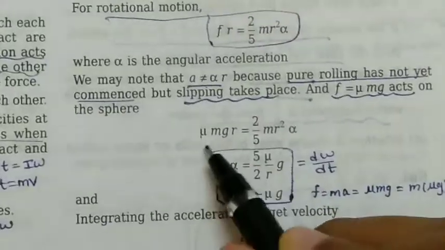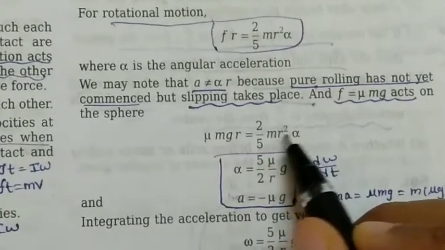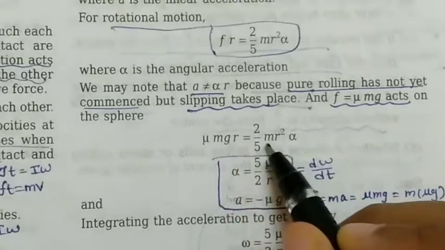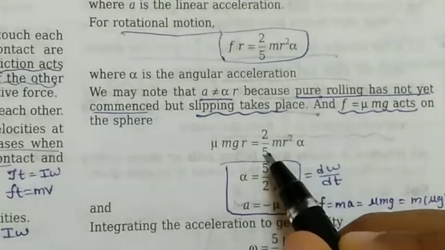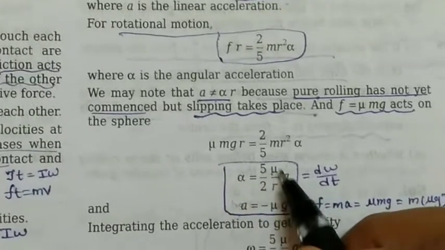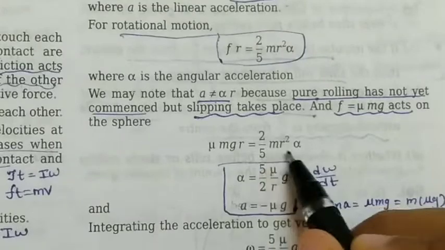Here we need to find alpha. If we cancel m, and cancel r, and send this 5 to that side, we would have 5 mu g by 2r.